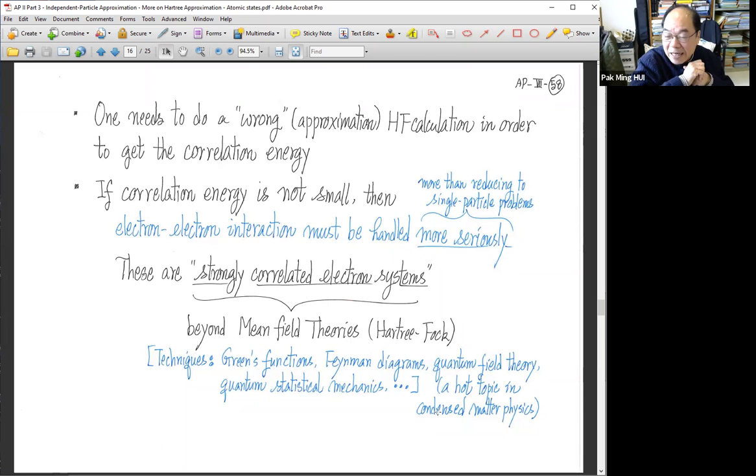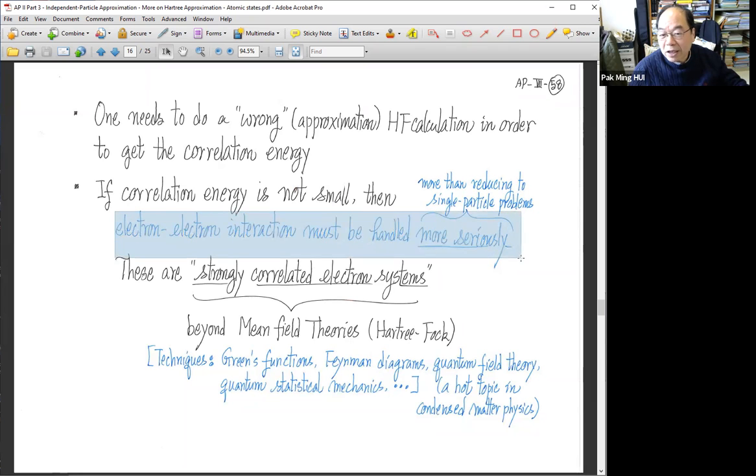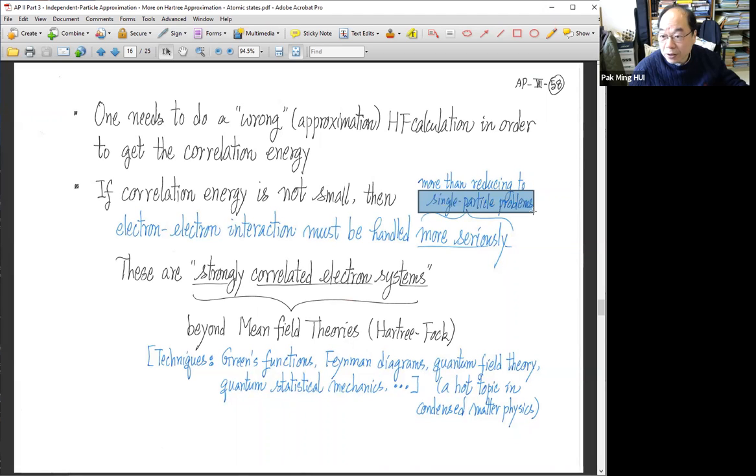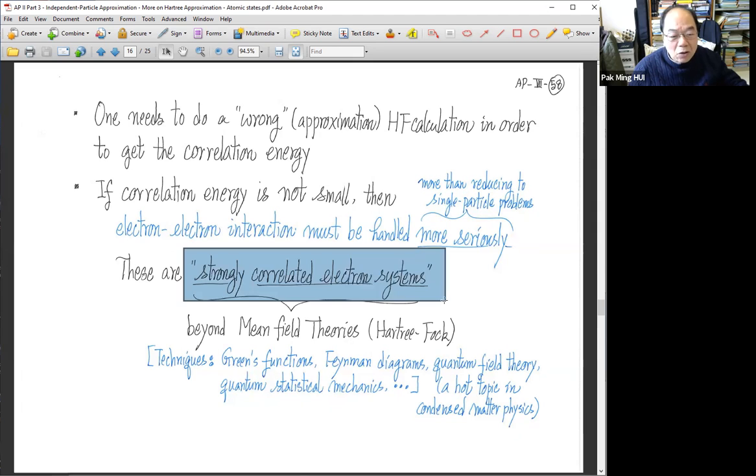But the physical meaning, as I said, is that if it is not small, then it means the electron-electron interaction term should be handled more seriously than reducing the problem to effective single electron problems. Okay, so that gives us an idea about why there is a research area called strongly correlated electron systems.